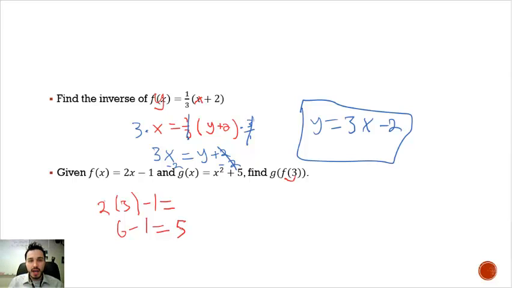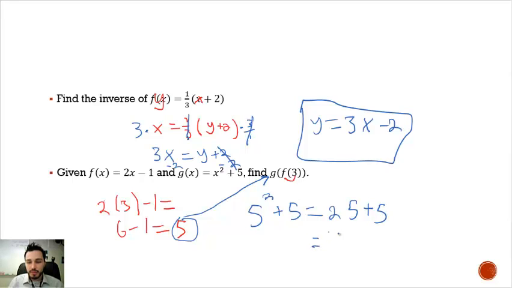So now I'm going to take that answer and plug it into my next function, g. So g is x squared plus 5. I'm going to replace the x now with this 5, and so that's 5 squared plus 5, which is 25 plus 5, so that makes 30. And that means that 30 is my final answer there.